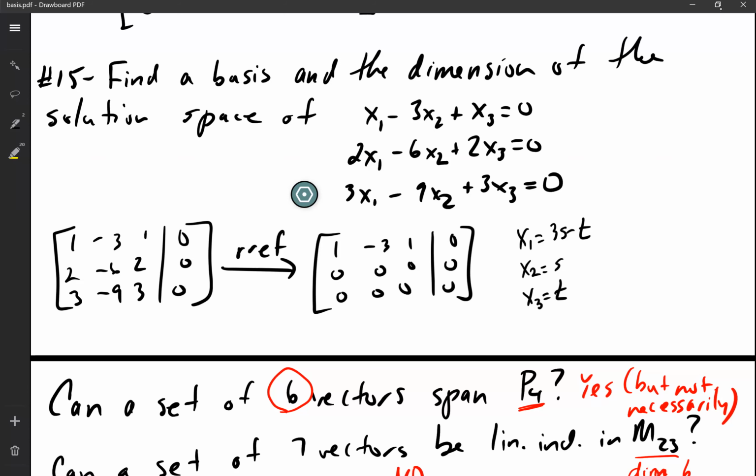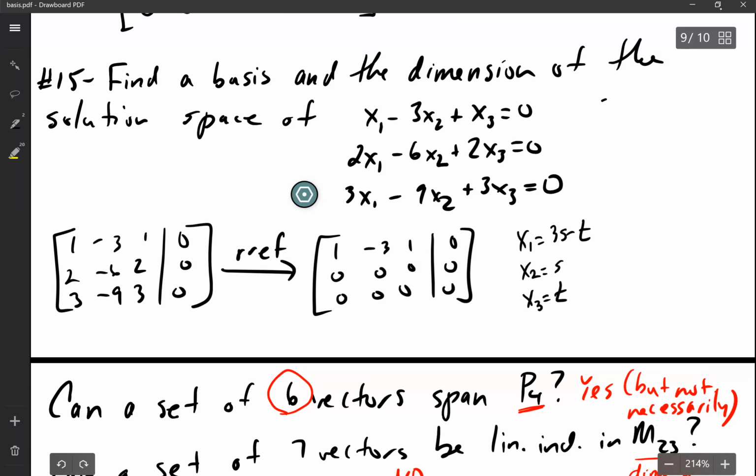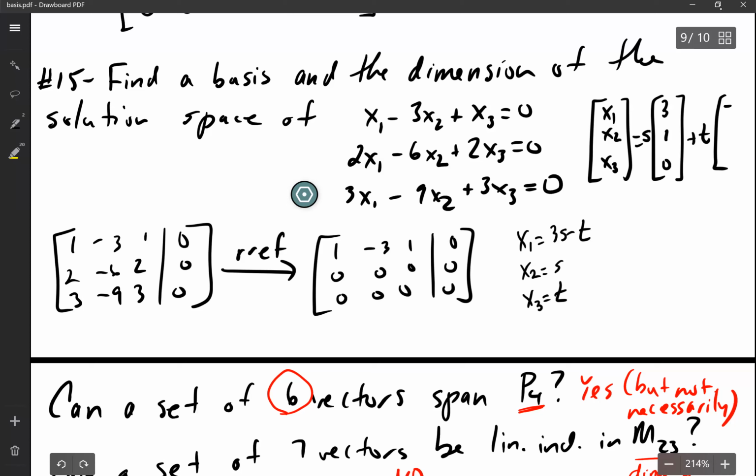Or if we write it in vector form, we would have x1, x2, x3 is equal to s times 3, 1, 0, and then plus t times -1, 0, 1. We notice that it says that anything in the solution space can be written as a linear combination of these two vectors, and these two vectors are clearly linearly independent.